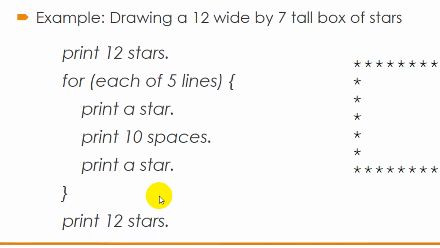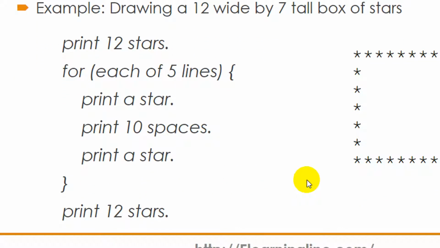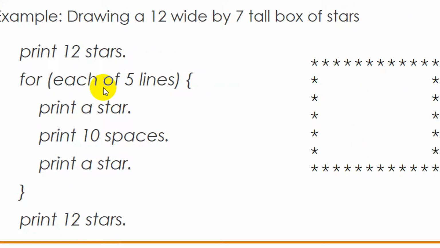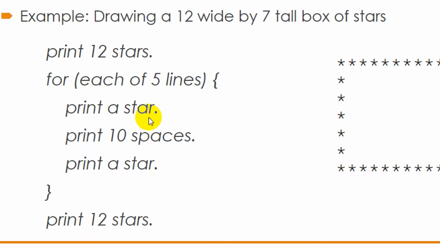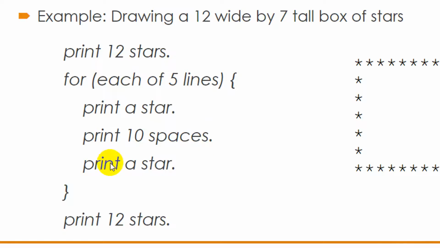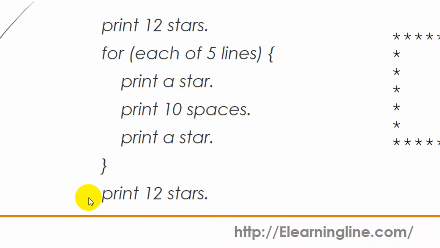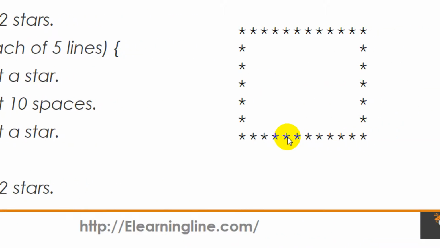This is just one example. It is written in English. You print 12 stars. For each of 5 lines, print a star, print 10 spaces, print a star, continue for the next 5 lines, and then at the end, print another 12 stars.